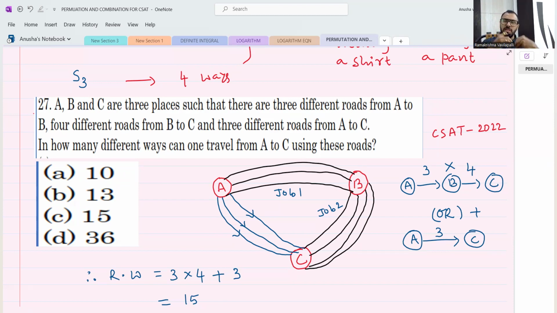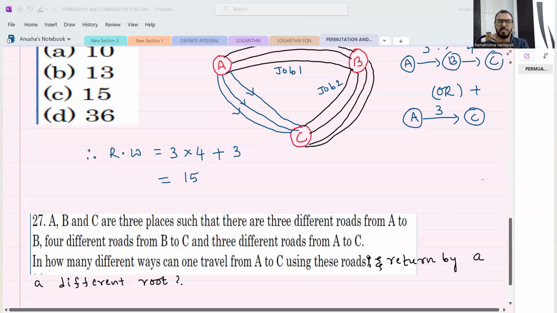Whenever we use the word and, you multiply the numbers, right? So now I'm going to explain the addition rule. I'll give you another example based on the same figure. I have changed that question with a slight modification.